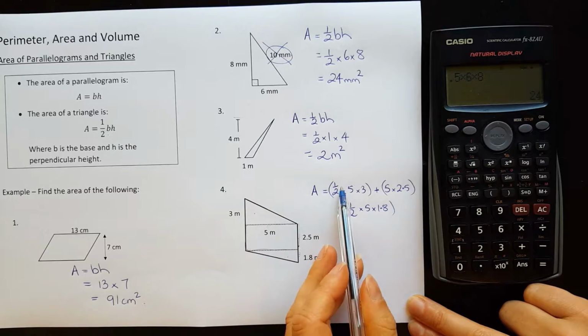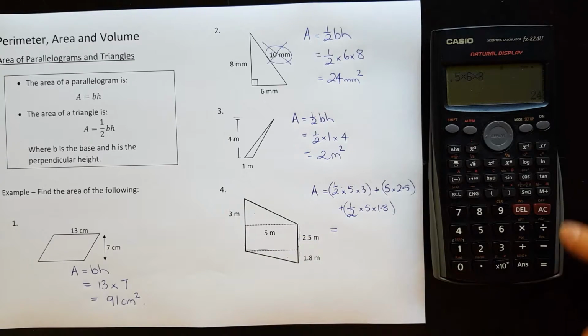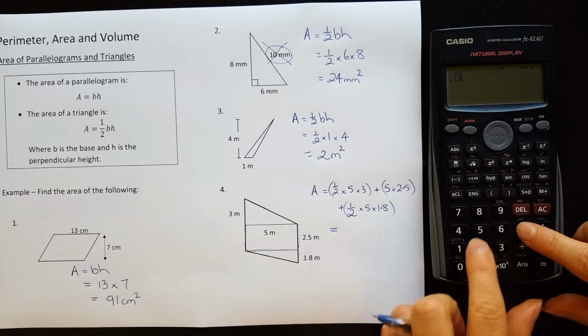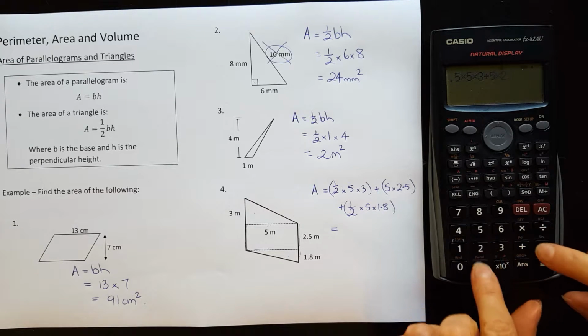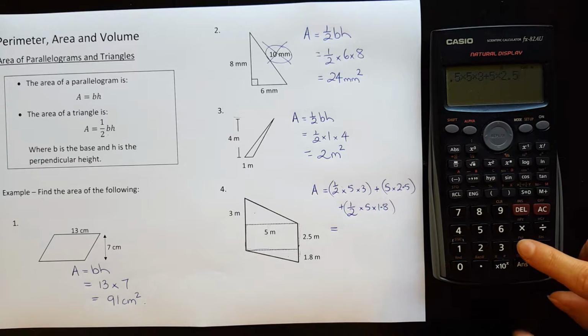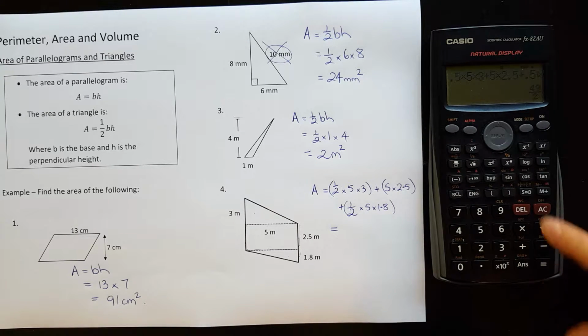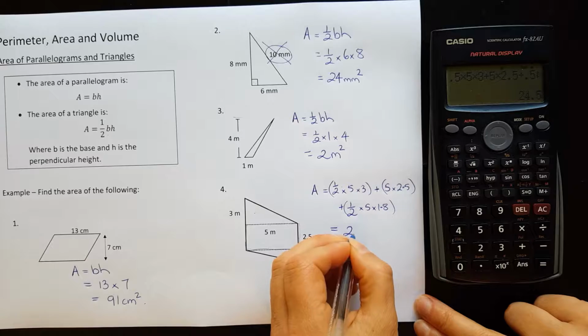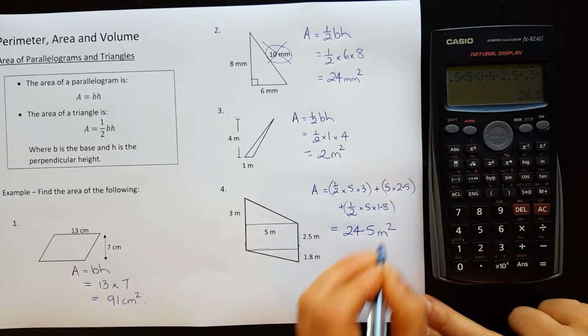Okay, so 2 triangles and the 1 rectangle added together will tell me the area of that shape. 0.5 times 5 times 3 plus 5 times 2.5 plus 0.5 times 5 times 1.8 is equal to 24.5 meters squared.